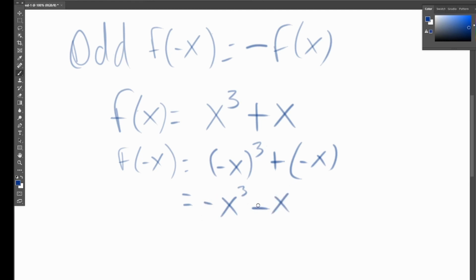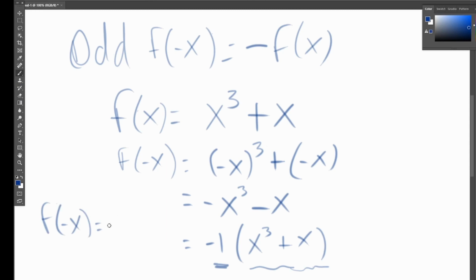And if we factored out a negative 1, then we see that we have a negative 1 times the original function here. Okay, so that means that this f of negative x just gives us a negative f of x.